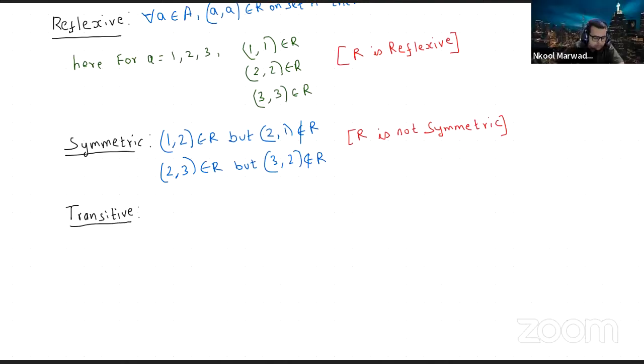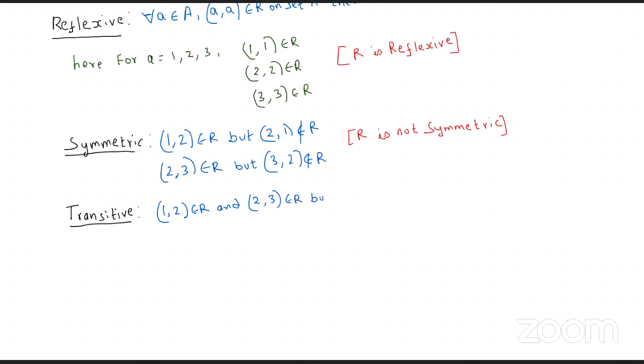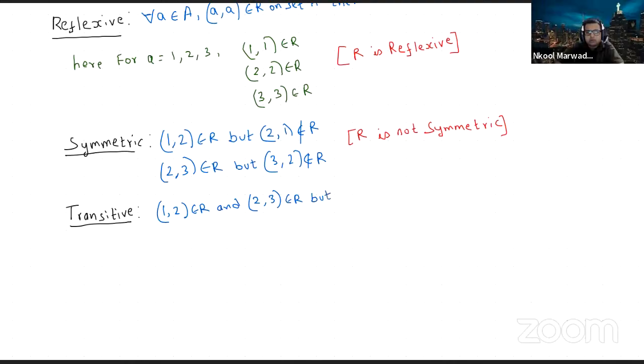So here (1, 2) belongs to R and (2, 3) belongs to R, but (1, 3) does not belong to R, and hence it is not transitive.